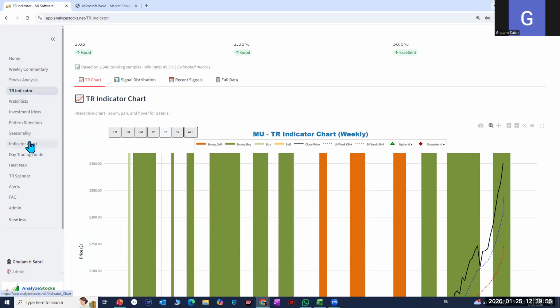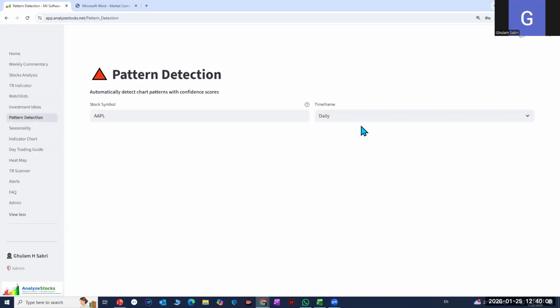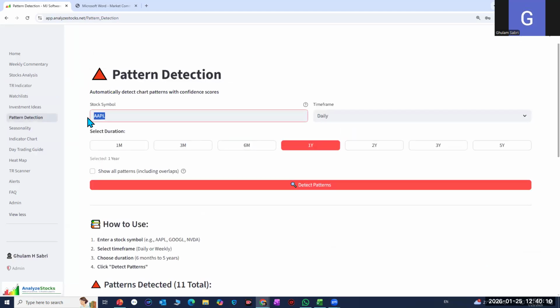We have a number of other indicators. The TR indicator is our primary, proprietary indicator, but we also have others, like pattern detection. So for MU, for example, it automatically detects patterns for you.